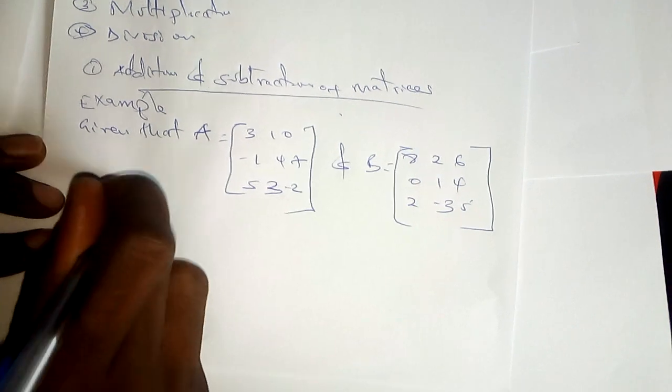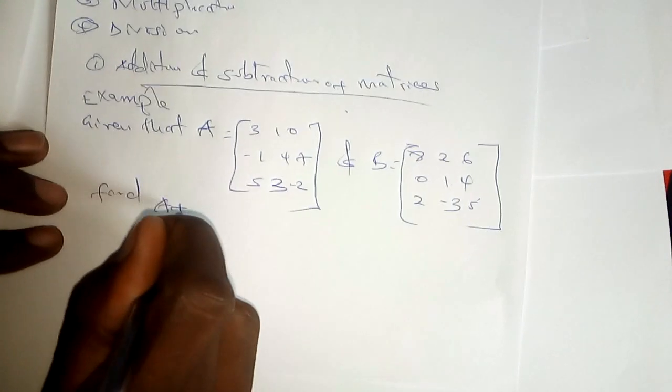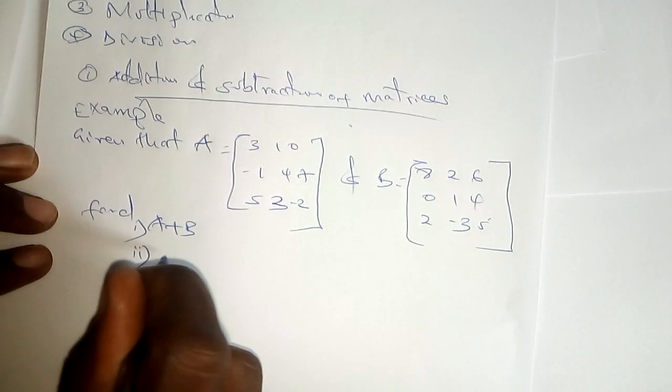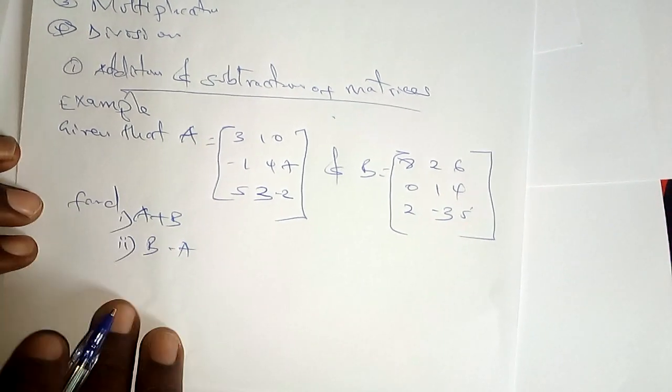Find Roman 1, A plus B, Roman 2, B minus A.